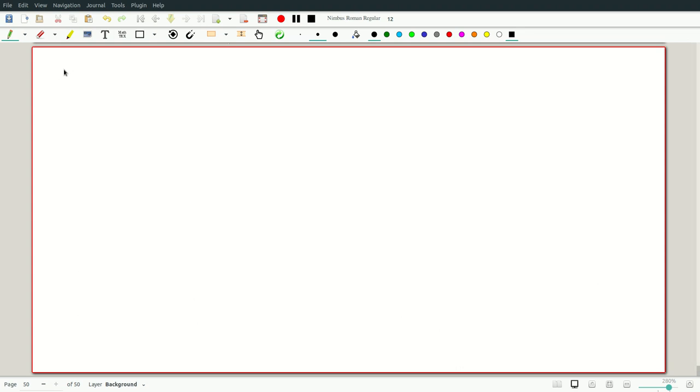So let's note the following observation. A set A in X is closed if and only if A contains all its limit points. Okay. So one way is clear.